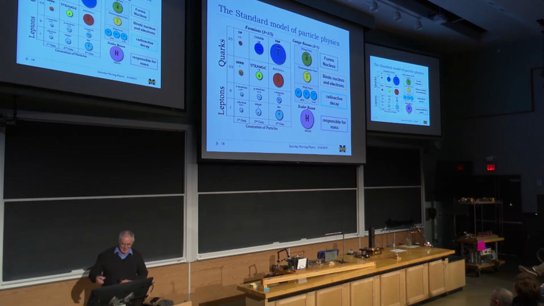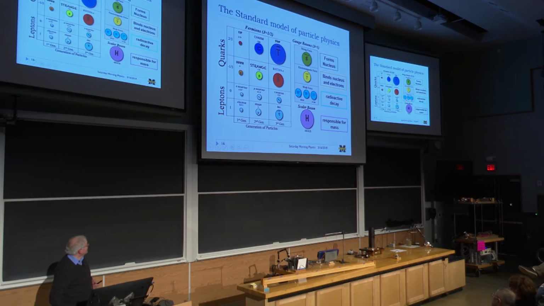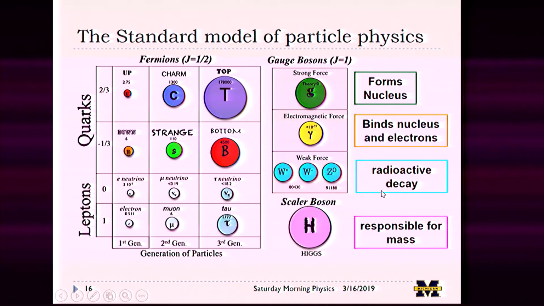And the photon carries light. These 3 particles are responsible for radioactive decay, and the Higgs is responsible for mass. The Higgs is neutral. The Z is neutral. The photon is neutral. Gluon is neutral. Consequently, when they interact with these particles, they must interact with a particle and its antiparticle pair.